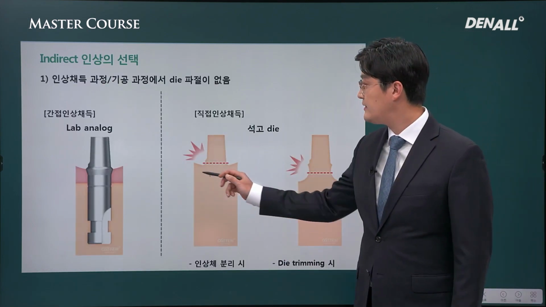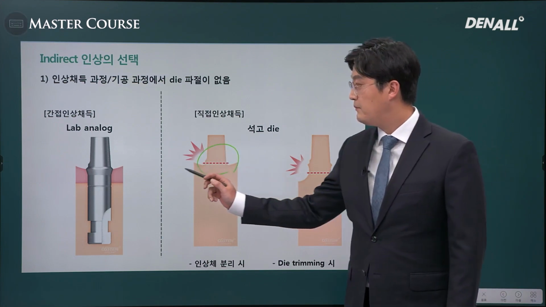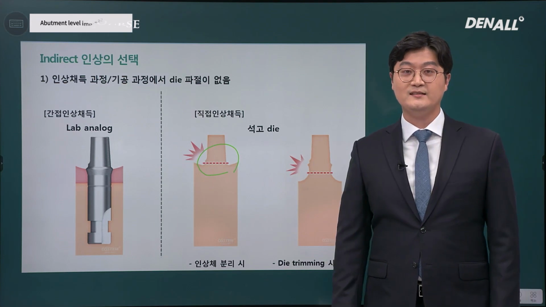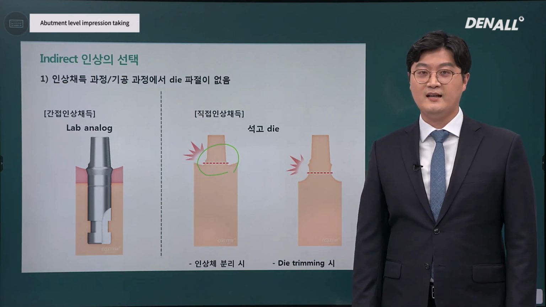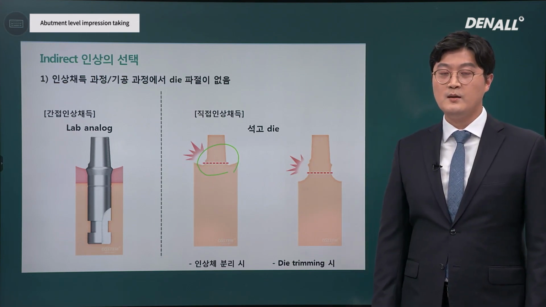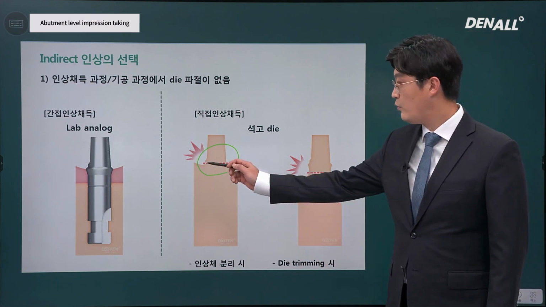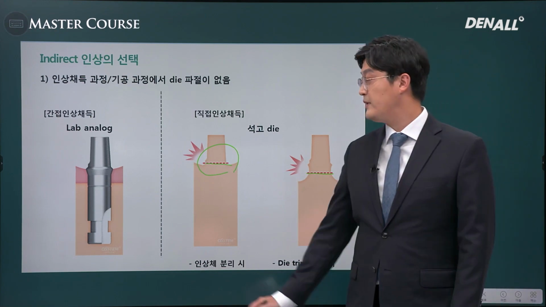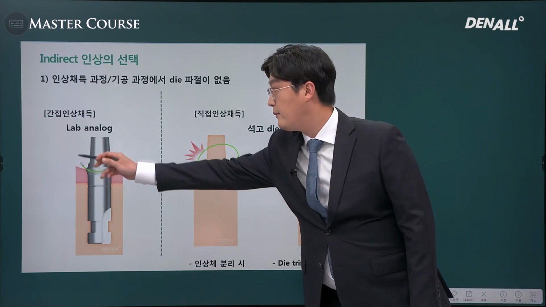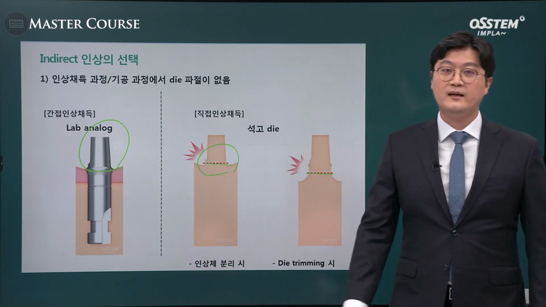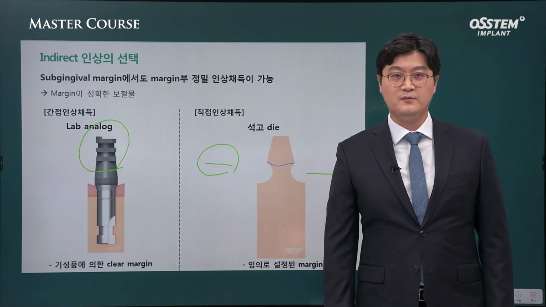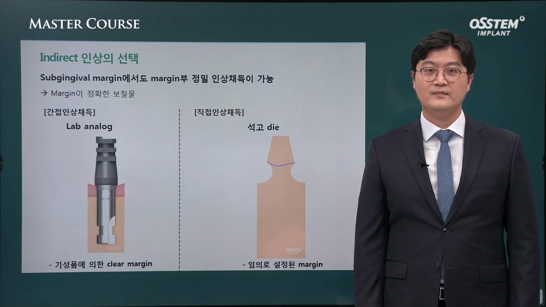The advantage is there is no risk of fracture. For stock abutment level impression taking, direct impression taking, gypsum is poured into the impression. When the gypsum is detached, the model can be fractured here, but in the indirect approach, the metal stock lab analog is used, so there is no risk of fracture.